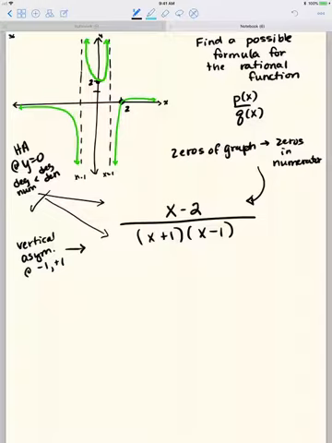The only other additional thing you could do, if you wanted to, is sometimes there's a constant value times the polynomial function.